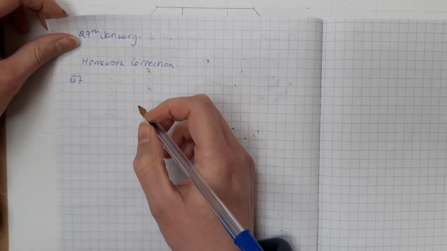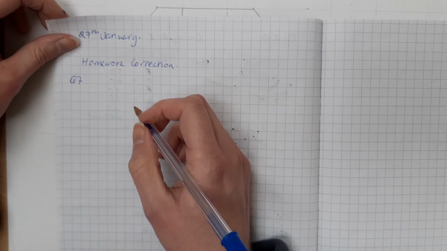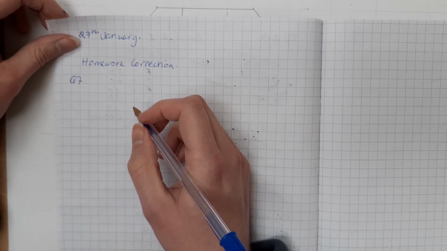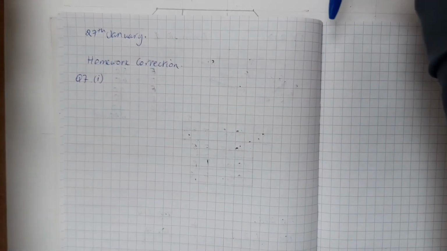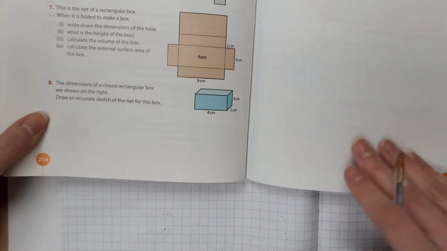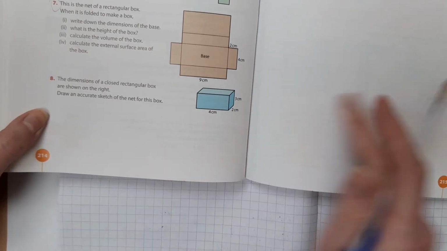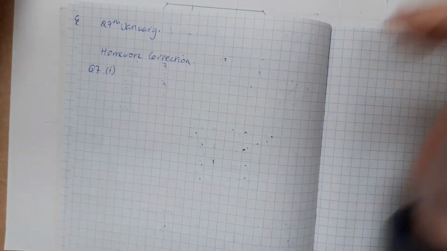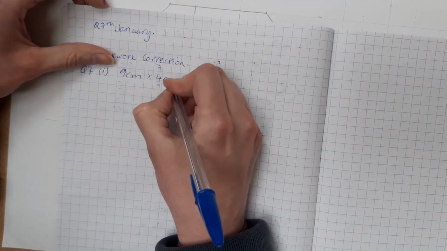The first thing you're asked: this is a net of a rectangular box. When it is folded, it will make a box. Write down the dimensions of the base. Dimensions are measurements. So when you look at the question itself, the base has a length and a width. The length is 9, the width is 4. So the dimensions of the base are 9 centimeters by 4 centimeters.